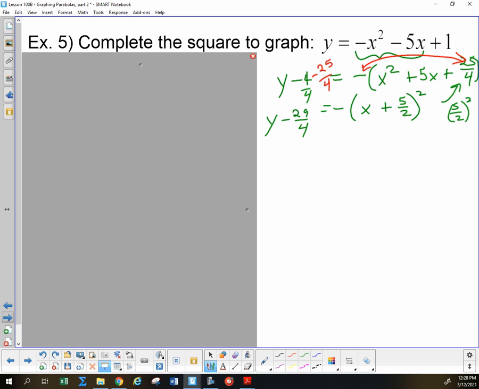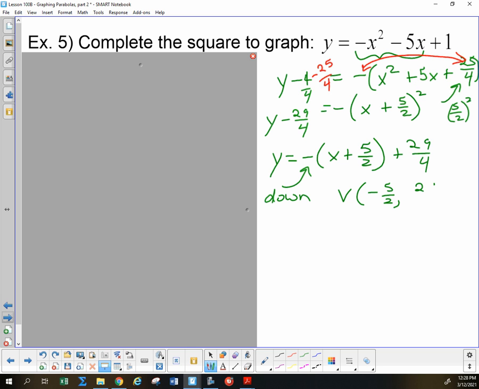So we get a little bit messy vertex going on here. When we get it in vertex form, we have y equals minus x plus 5 halves squared plus 29 fourths. So we have another parabola that opens down. The vertex is the opposite of the number in the parentheses, so minus 5 halves, the same as what's on the outside.